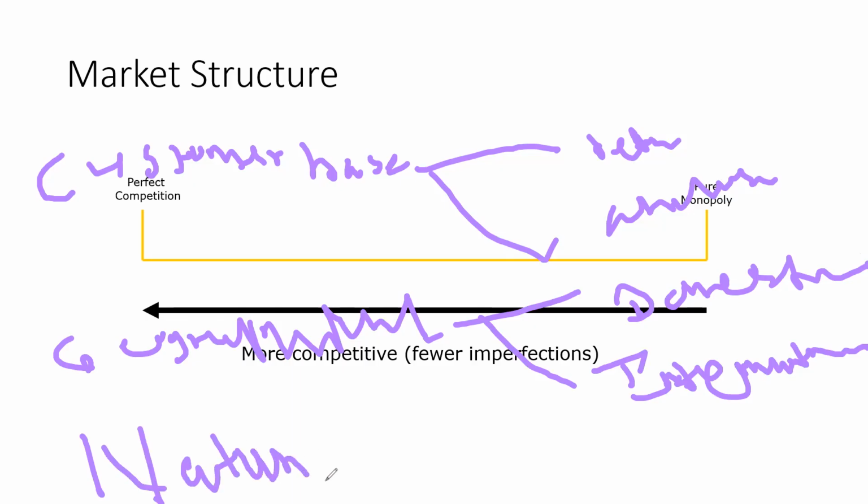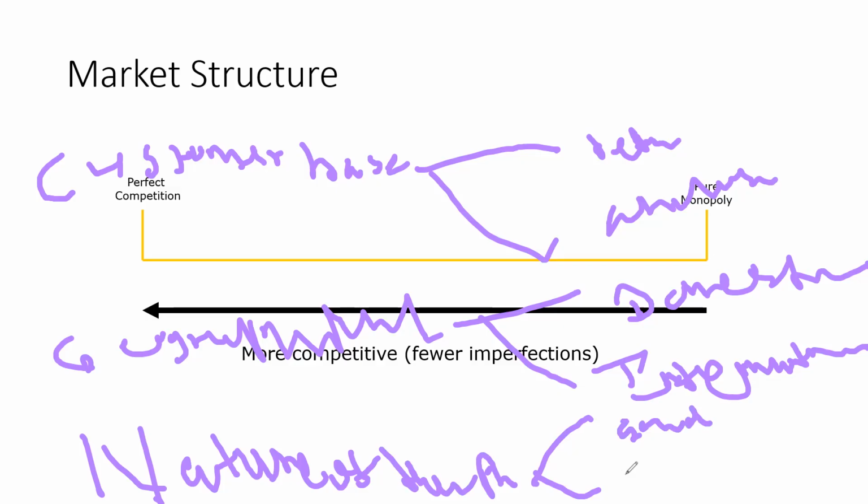Then if we consider the nature of the product, based on the nature of the product we can identify the goods market or commodity market, then the service market, then the money market. So likewise, based on different criteria, we can identify different market structures.